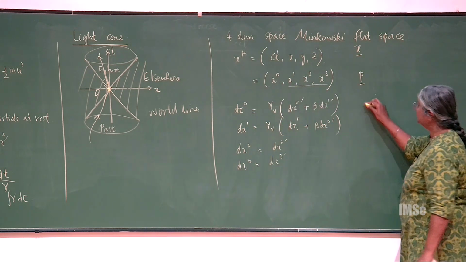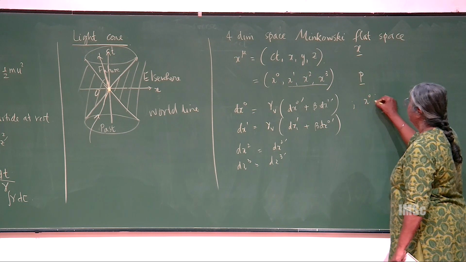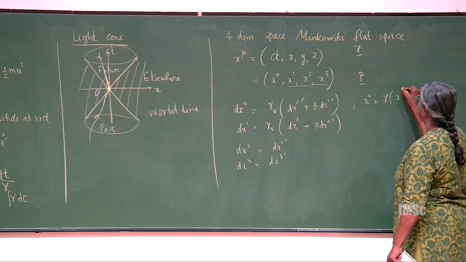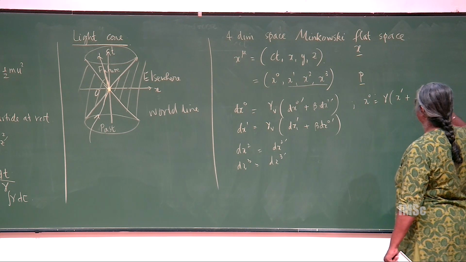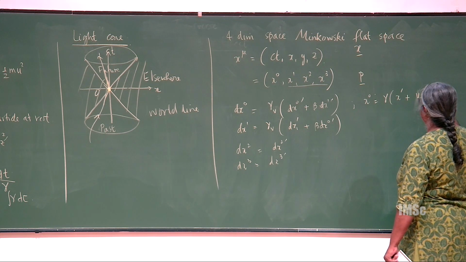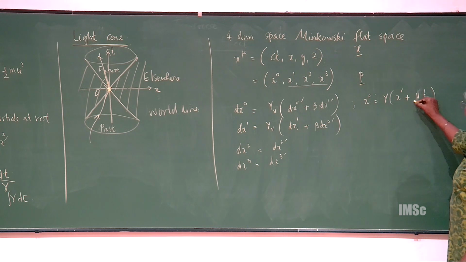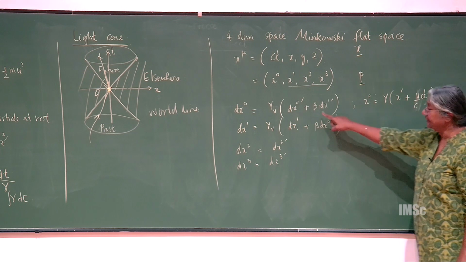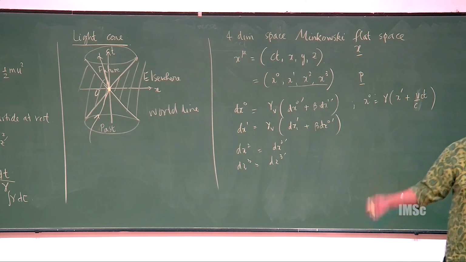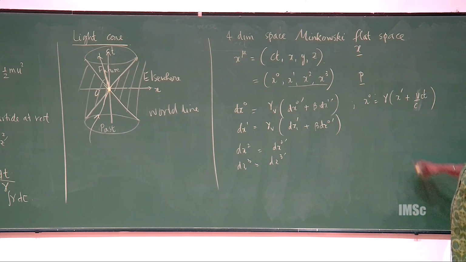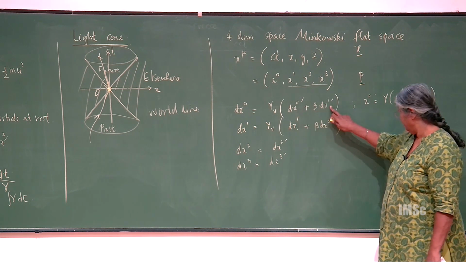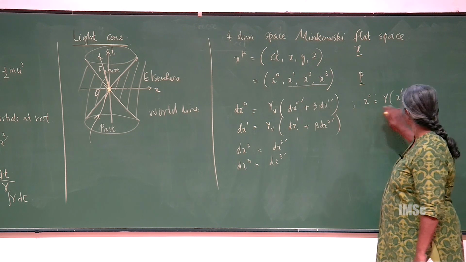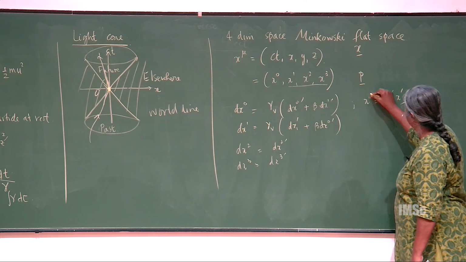Fine, so you remember this is x naught is equal to gamma x prime plus v t, right? Now I can write it as v by c into ct, and v by c I am calling beta. You remember gamma and beta are the standard constants. So now x prime is whatever I have written.